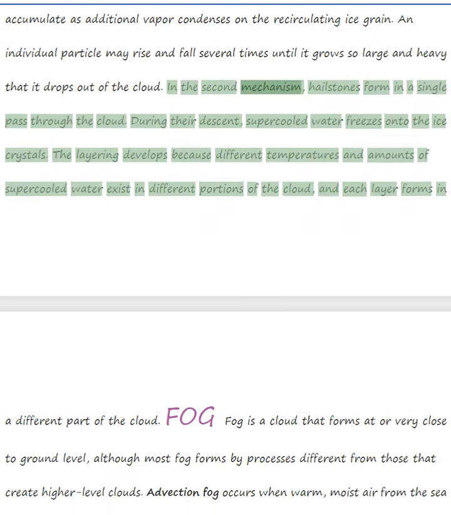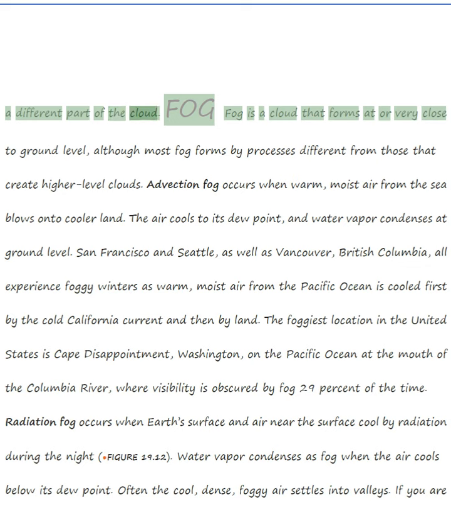In the second mechanism, hailstones form in a single pass through the cloud. During their descent, supercooled water freezes onto the ice crystals. The layering develops because different temperatures and amounts of supercooled water exist in different portions of the cloud, and each layer forms in a different part of the cloud.